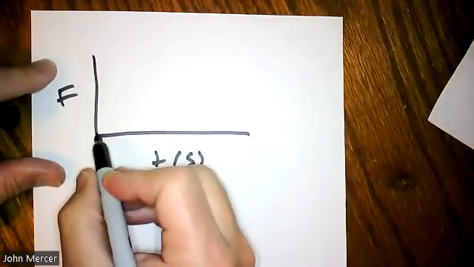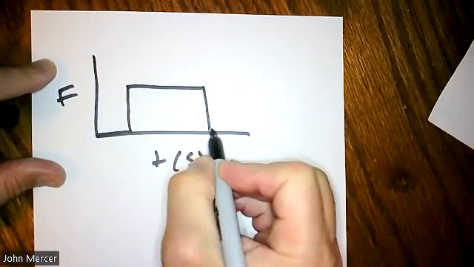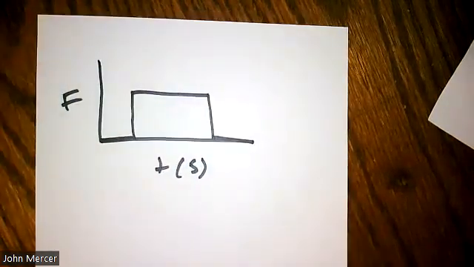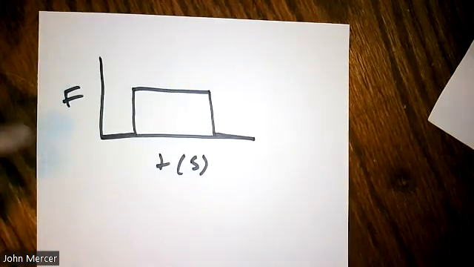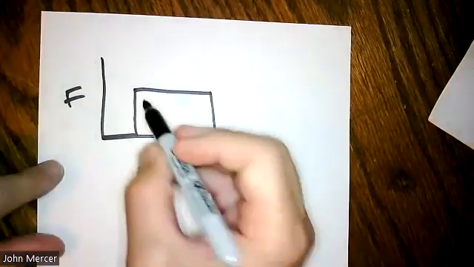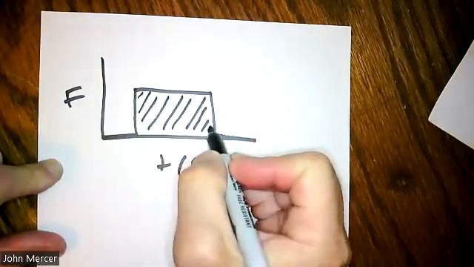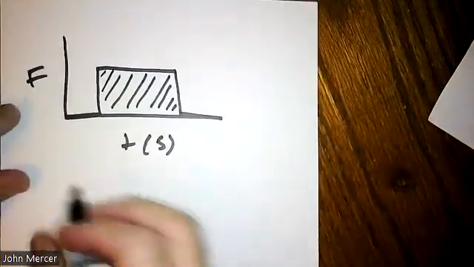And let's just say that the force tracing does something like that. Not typical for a human movement, but that's okay. In this force tracing, we actually can visualize impulse as the area under that force tracing curve, okay?